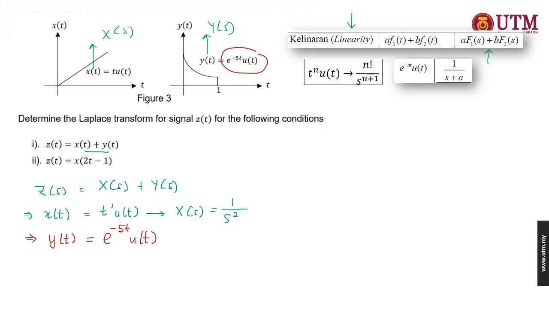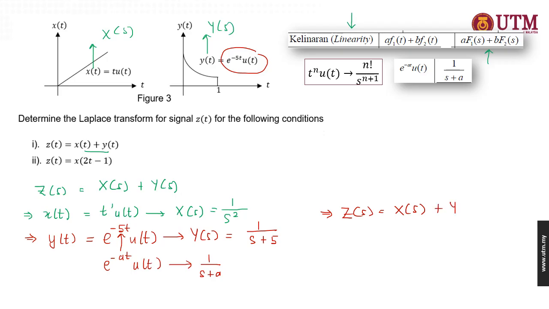Compared to the equation from the table, you know that e to the minus at u(t) will produce 1 over s plus a. In this case, your a equal to positive 5. Therefore, your Y(s) equal to 1 over s plus 5. Okay, so you have both components in hand. Now you can calculate Z(s). Z(s) equal to X(s) plus Y(s), in which your X(s) is 1 over s squared plus Y(s) is 1 over s plus 5. So this is your Z(s).